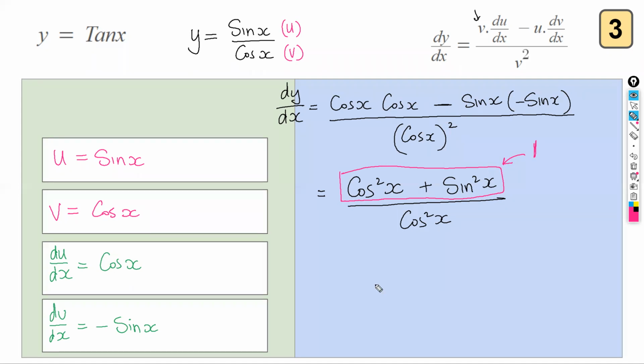So the answer is 1 divided by cos squared x. That's the final answer. So whenever you differentiate tan, you always get 1 divided by cos squared x. But in the exam, you have to show them all the steps. So take down that and take half a minute and then we'll move on.